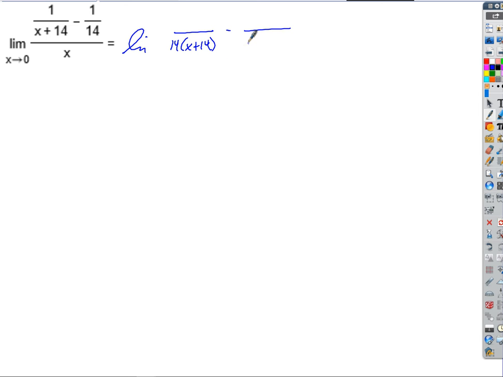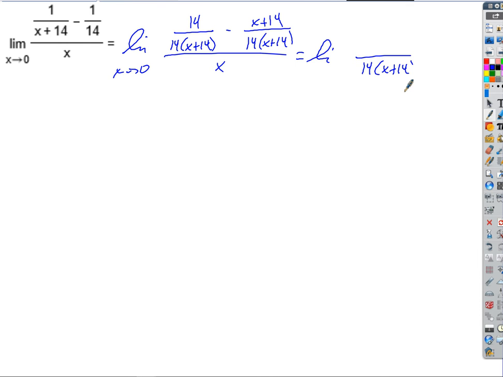Good. So what do I have to multiply here, top and bottom, to get that? There you go. So I got 14 of my numerator there, and over here, good, all divided by x as x approaches 0. So on the top, we're going to end up with the common denominator 14 over x plus 14.